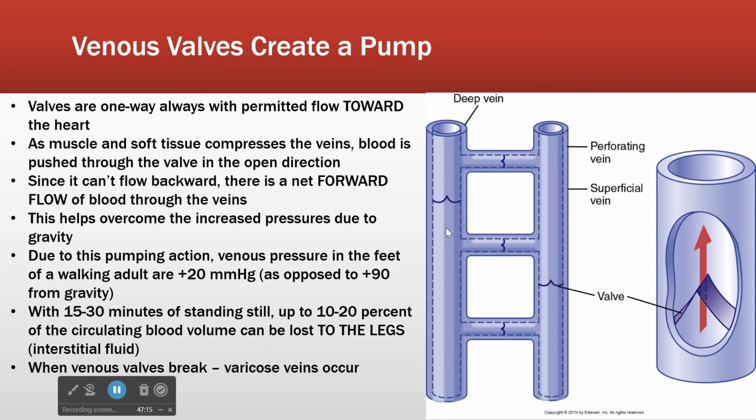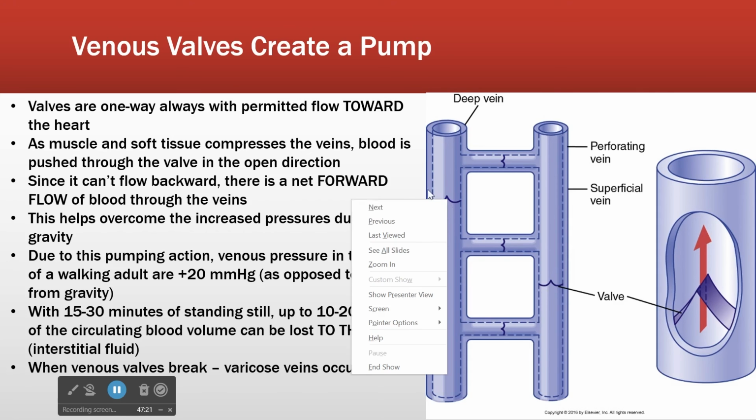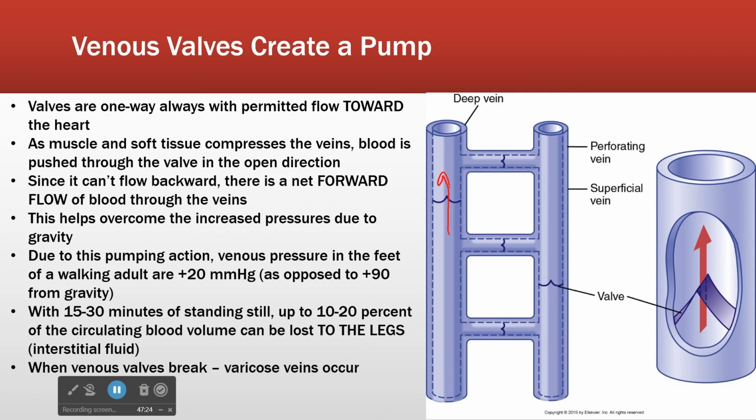Well, when the veins get squished, the blood that's in them flows, and that flow can only be in one direction because of the valve, right? So when we squeeze on these veins from the outside by skeletal muscle, we create a pumping action that moves blood back towards the heart.